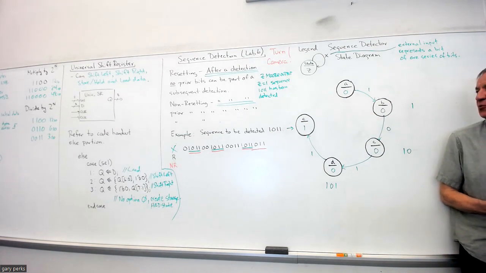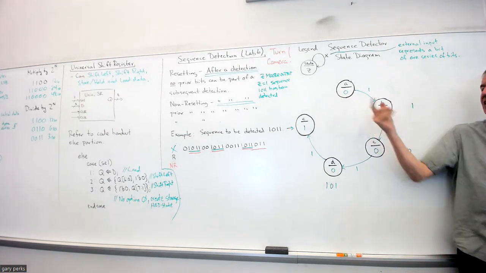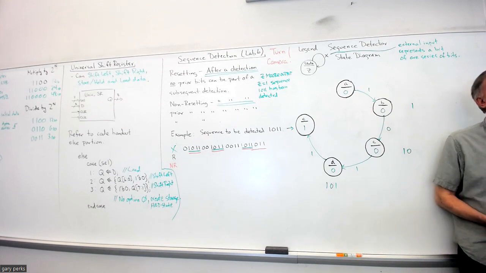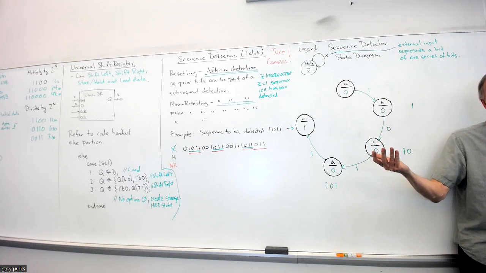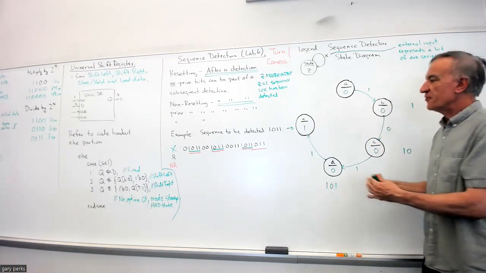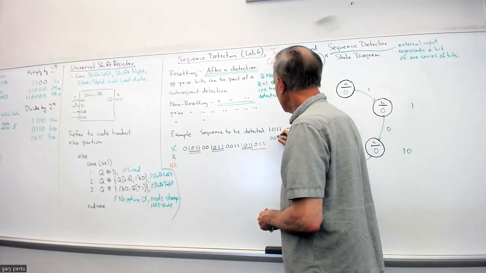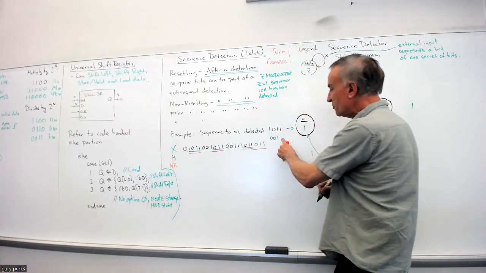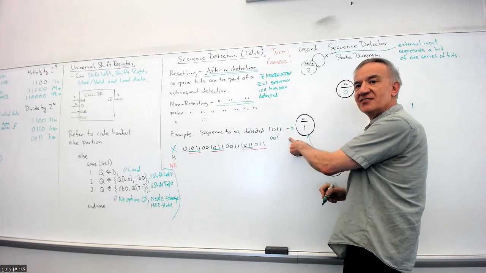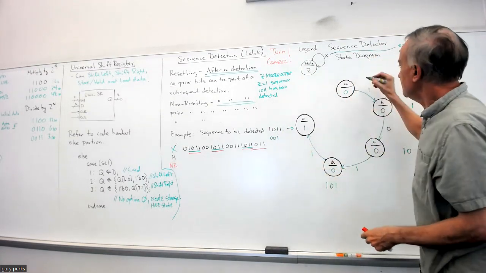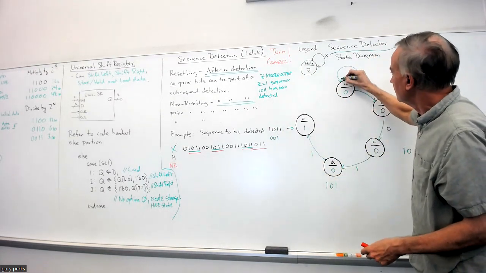So where are we going to go if we get a 0 as our first bit? Yeah, just stay in A, right? Because if my first bit is a 0, I would just stay there until I get a 1, because now maybe the sequence I'm looking for is going to start. But if I get a 0 to begin with, I'll just stay in A.